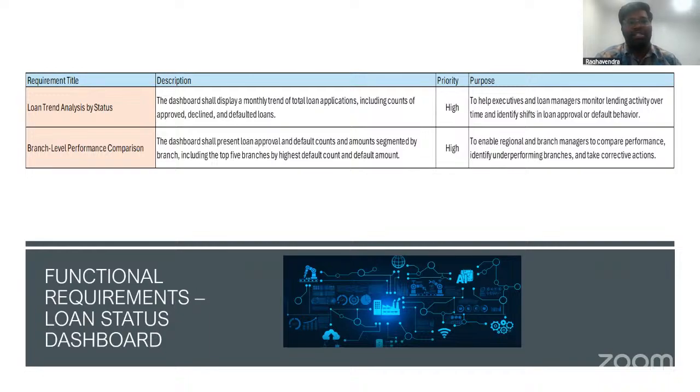This helps in analyzing the data and interpreting the customer's behavior. One of the benefits is, let's say I'm comparing the data of 2024, and the trend analysis says that in the third quarter of the year the trend was low, it was declining.